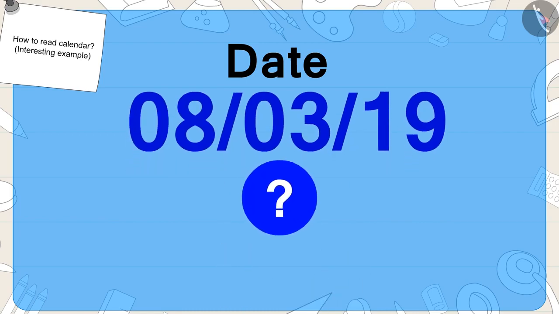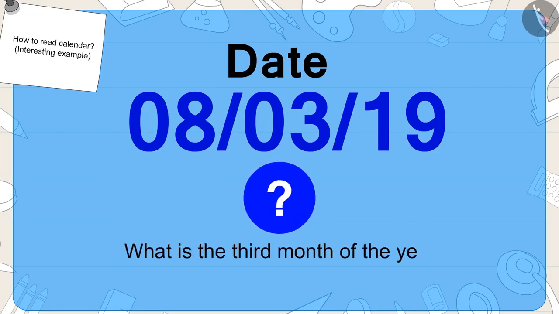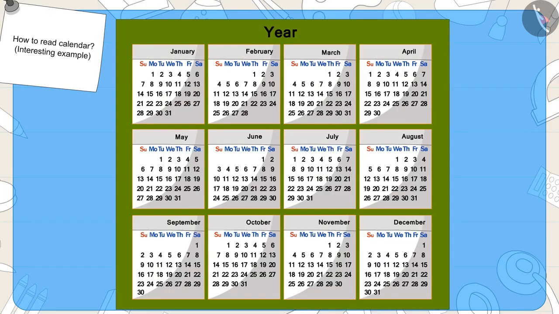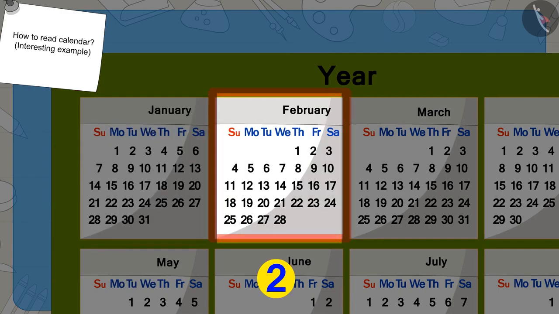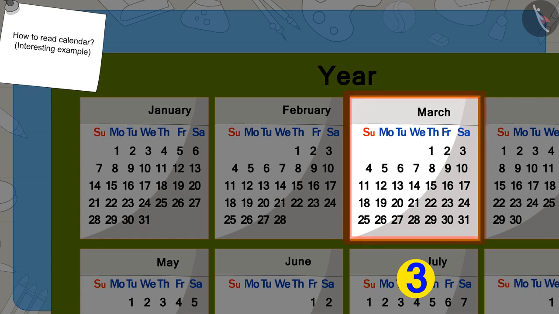Children, can you tell what is the third month of the year? Let's find it in the calendar. This is the first month of the year, January. This second, February, and March is the third month.